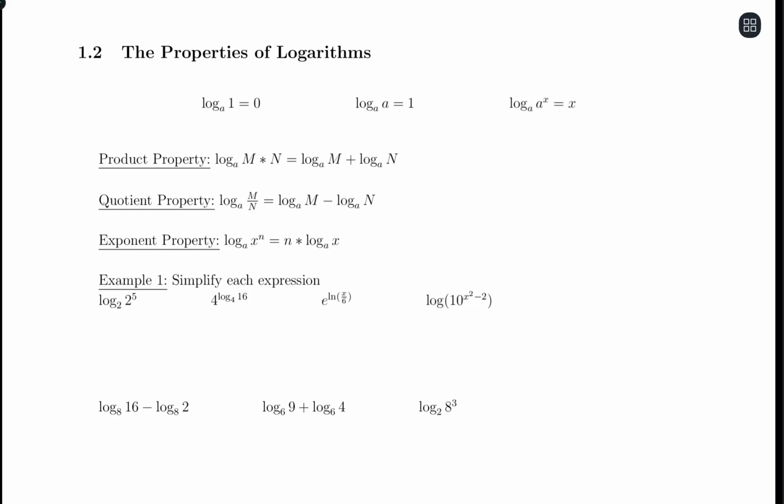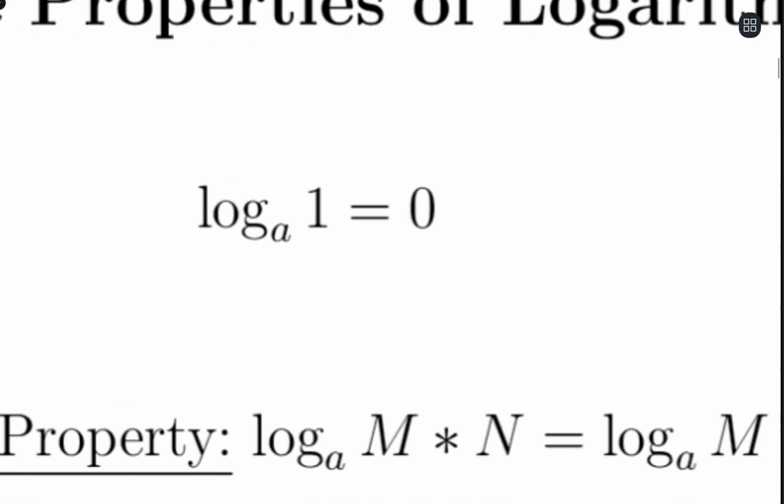So let's get some properties of logarithms here. One of the properties is if you have a logarithm with any base and you're taking a logarithm of 1. So let's think about this for a second. We have a base of a. We don't know what our exponent is, and we're saying we get out a value of 1.